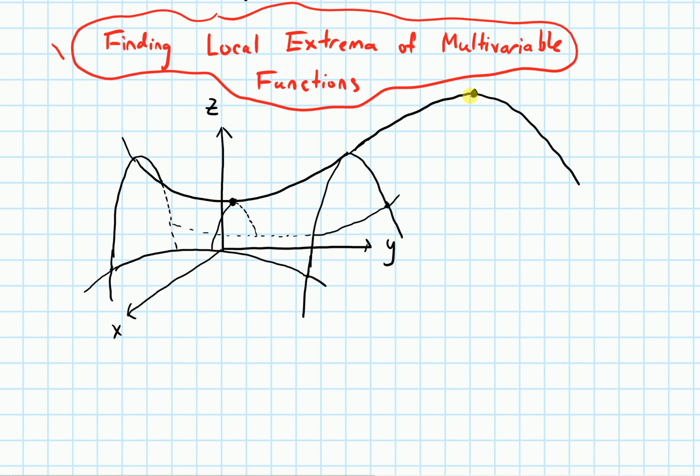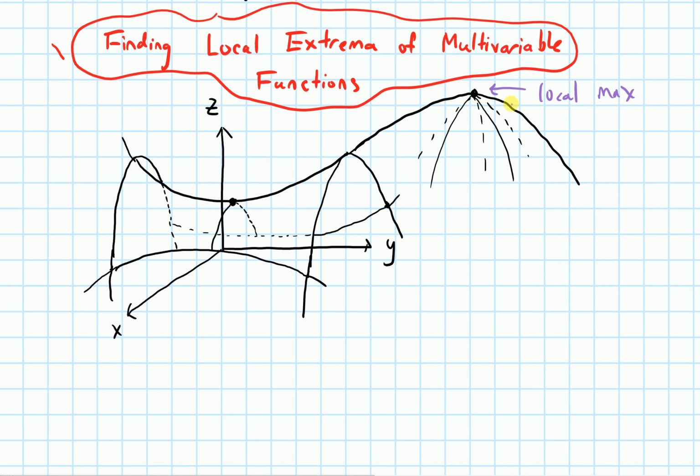From this high point, the graph goes down in all of the other directions, including the back part that I can't see. That high point, we would call a local max.